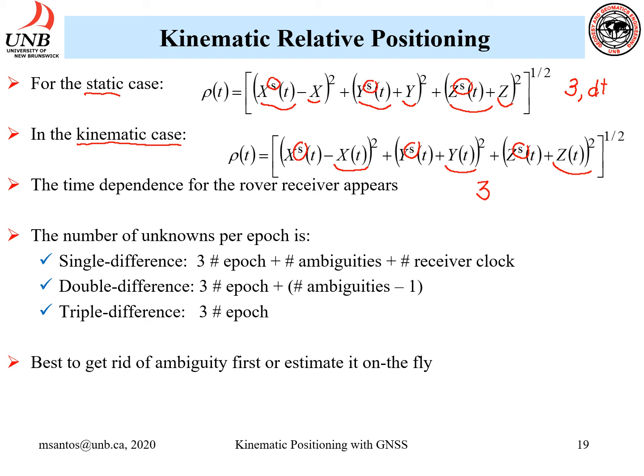Now the clock, we can estimate the clock at every epoch, or we can estimate the clock as a function, which is usually the case. But the fact of life is that we have, at every epoch, the 3 coordinates, the three unknowns as the 3 components of the station, of the place where the rover is.